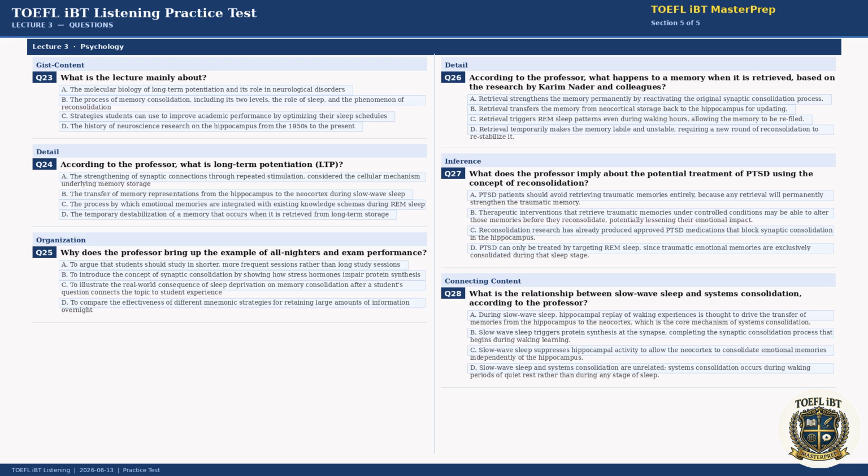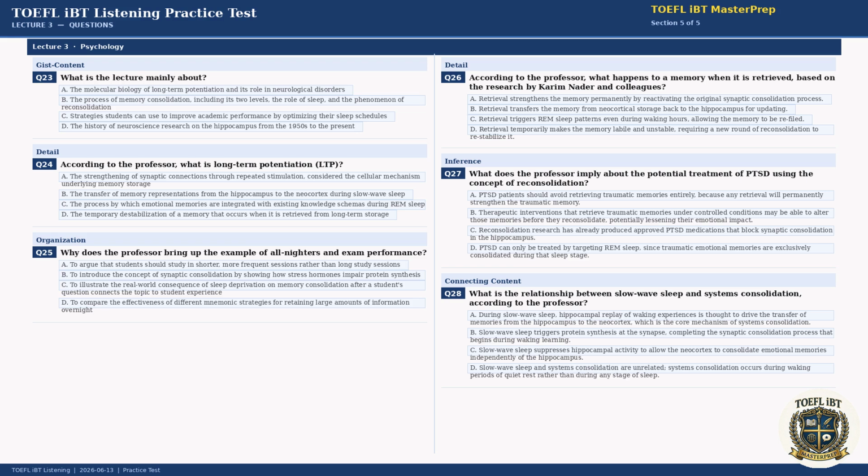Now, sleep is arguably the most important environmental factor in memory consolidation, and this is where things get really interesting. During sleep, particularly during slow-wave sleep and REM sleep, the brain replays experiences from the waking day. In the hippocampus, sequences of neural firing that occurred during learning are reactivated during slow-wave sleep in a compressed, faster form.